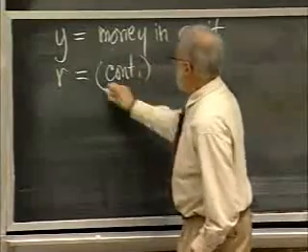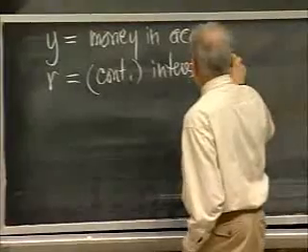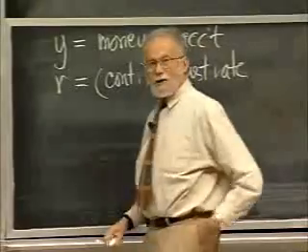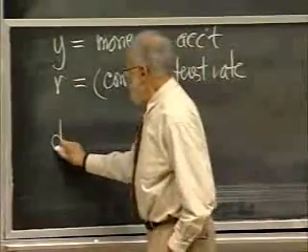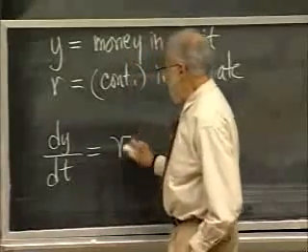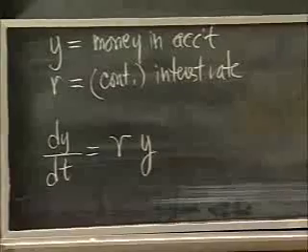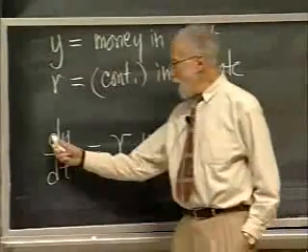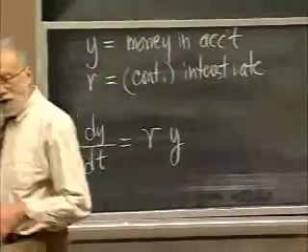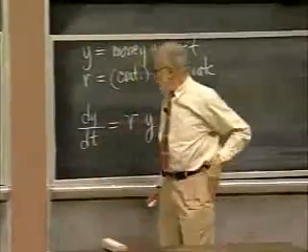So if that's all there is, and money is growing at that rate, the differential equation says that the rate at which it grows is equal to R, the interest rate, times the principal, the amount that's in the bank at that time. So that's the differential equation that governs that. Now, the solution is simply an exponential curve, and there's nothing more to say about it.